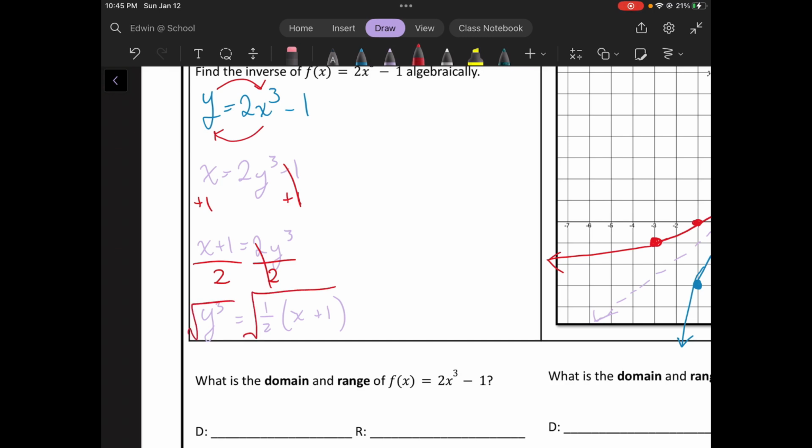Finally, the last step is to take the cube root on both sides. That means our answer should be y is equal to the cube root of 1/2 (x plus 1). And that should be our equation.